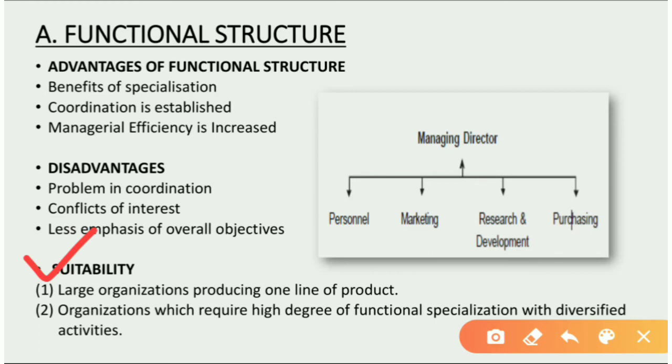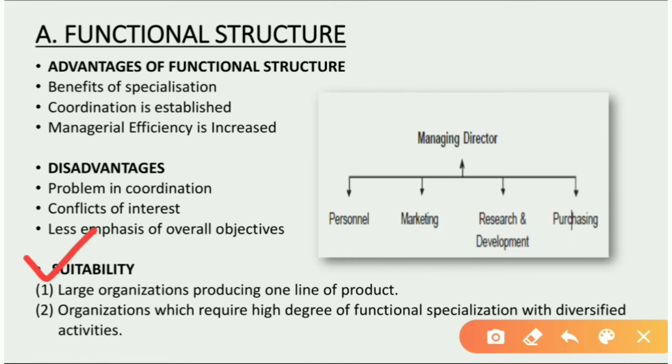It is not necessary that if one organization is adopting functional structure, then the other organization will also adopt it. We will see which type of organization can adopt this structure.